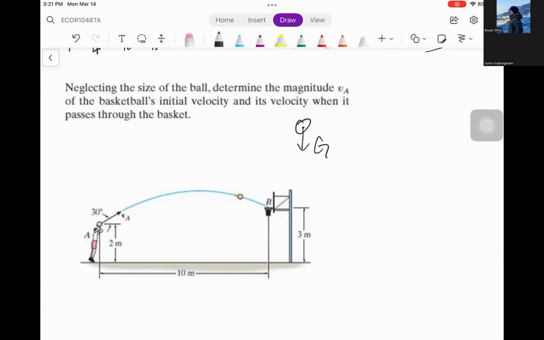When the ball is flying, on the horizontal axis, which we'll call X, it's not going to have any acceleration. And for the vertical axis, which we'll call Y, it's going to have an acceleration equal to the acceleration of gravity, small g, equal to 9.81.